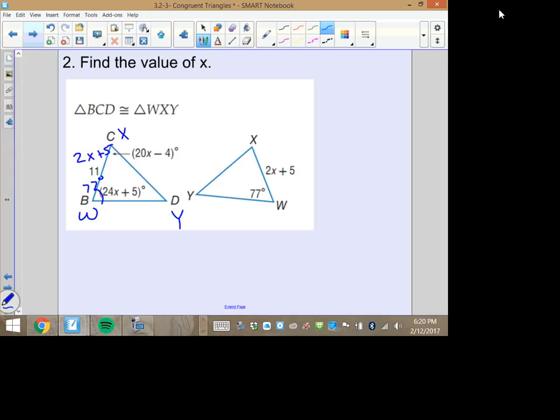We can either solve for x by finding the sides or the angles. I'm going to take 11, set it equal to 2x plus 5, to get 6 equals 2x, and I find that x equals 3. Again, you could do that with the angles, and you'll again get x equals 3.